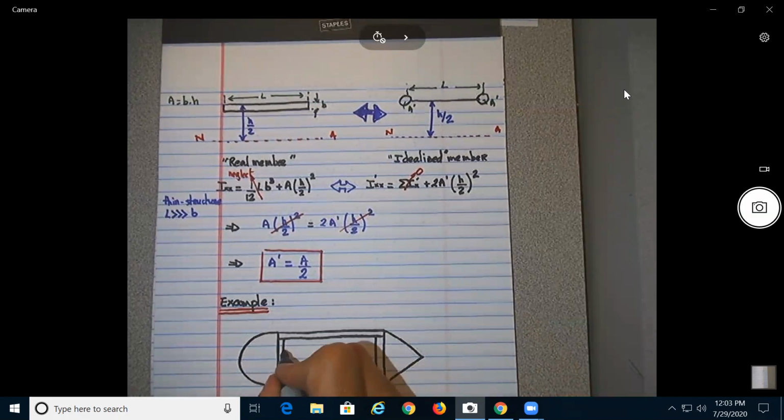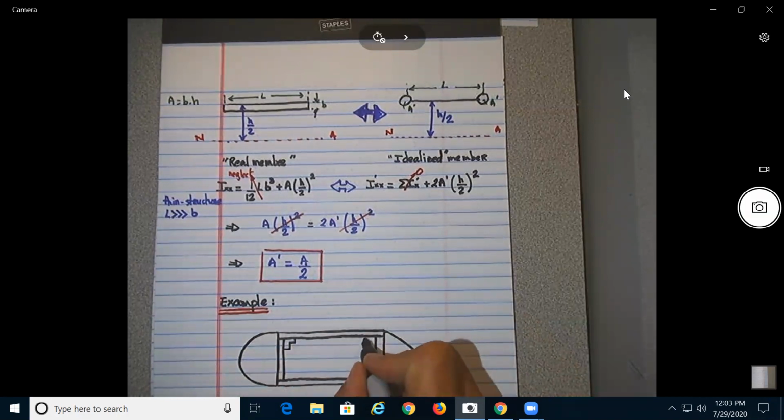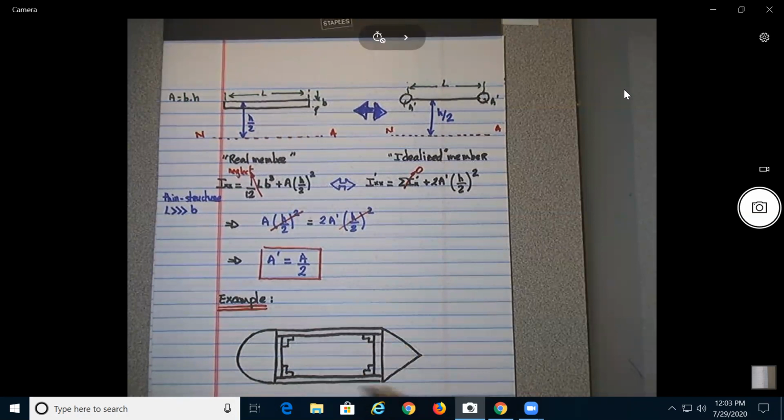Okay, and let's say here would be like a little reinforcement. So let's say you have some stiffeners at the edges to reinforce your structure, okay?